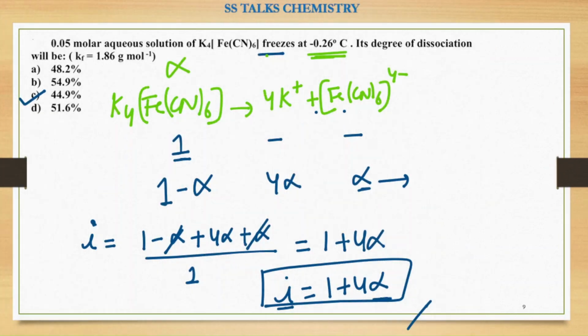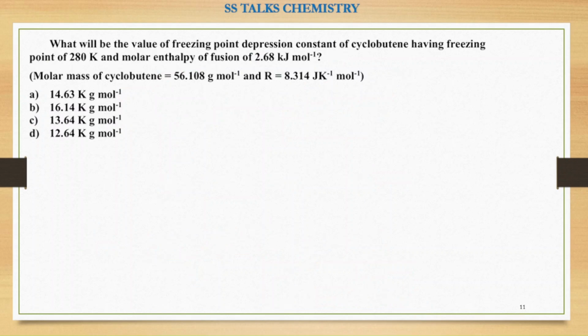Next one we have is this question. It says, what will be the value of the freezing point depression constant? That means the Kf value, this time they are asking, of cyclobutane, which has a freezing point of 280 Kelvins, and the molar enthalpy of fusion is given as this one. So this is a direct formula you just have to remember for this one.